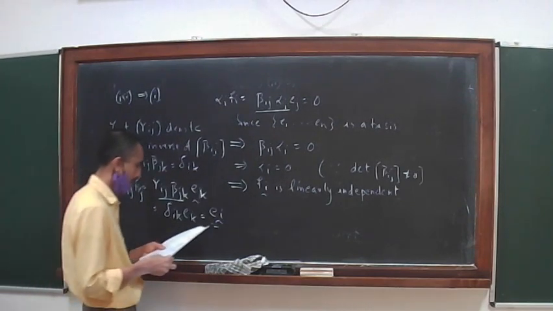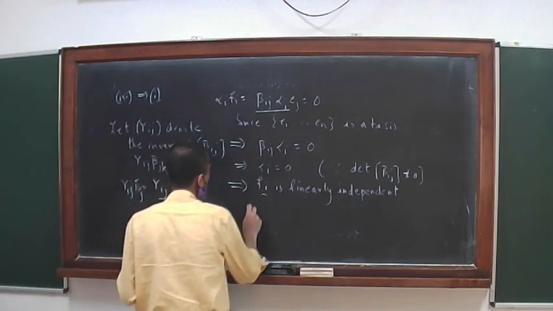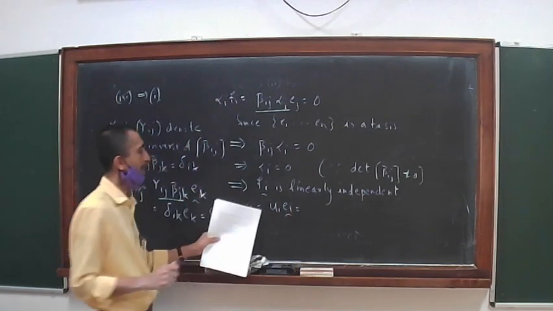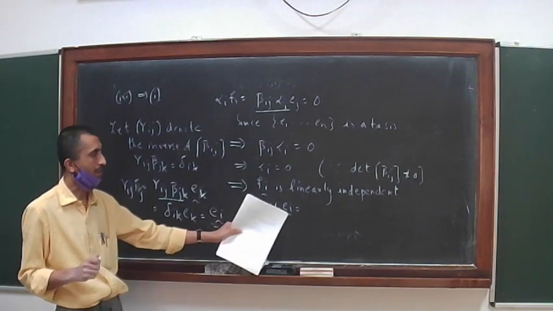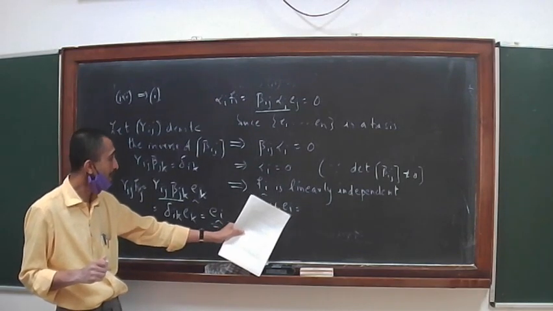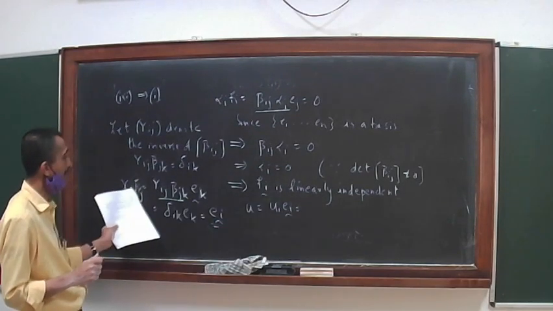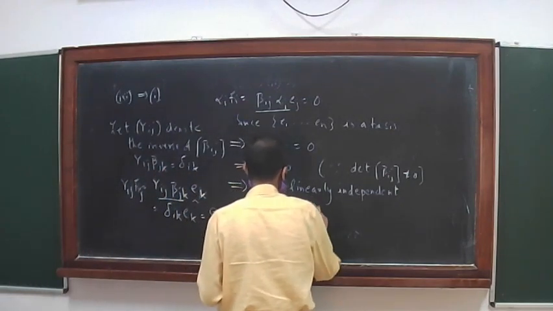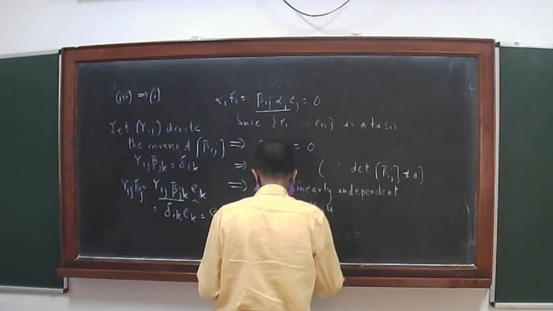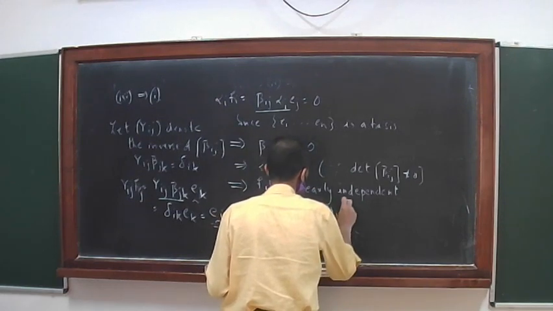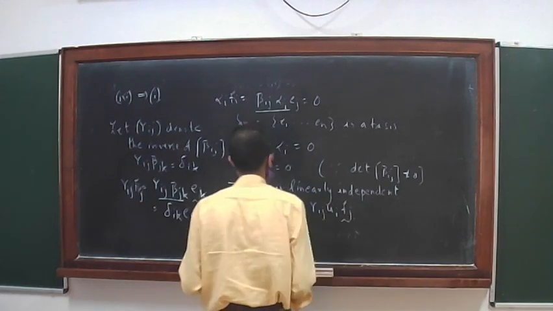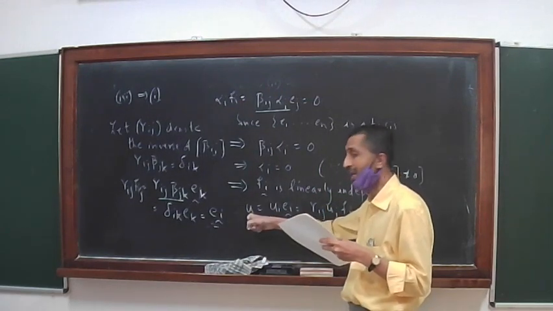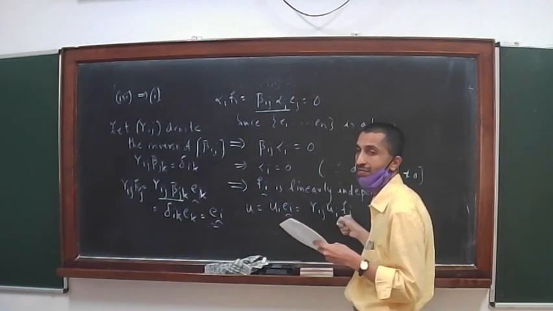So now we are given that u is equal to u_i e_i. We can express any vector in terms of the basis vectors. Now each e can be expressed in terms of the gamma_ij f_j. So this will become equal to gamma_ij u_i f_j. So basically what we have shown is that every element can be expressed in terms of the f_j's.